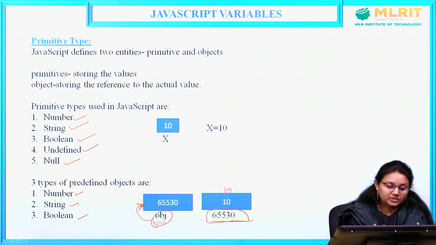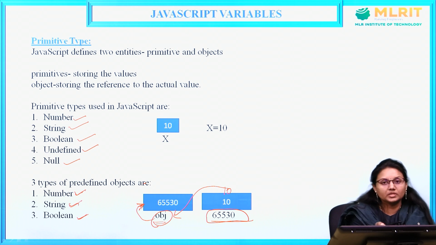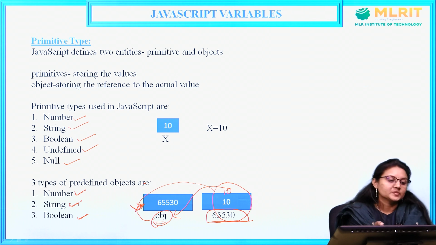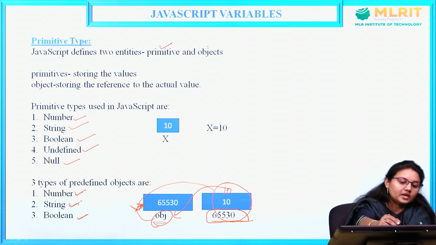So what is obj here? It is going to refer to this 10. This can also be given for string or boolean. It is stored in some other place, and using that reference you print it as an object. So these are the two, primitive and objects.